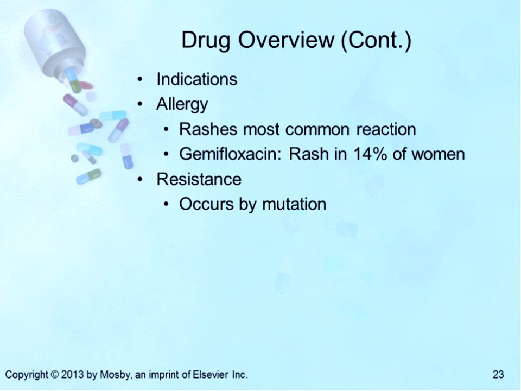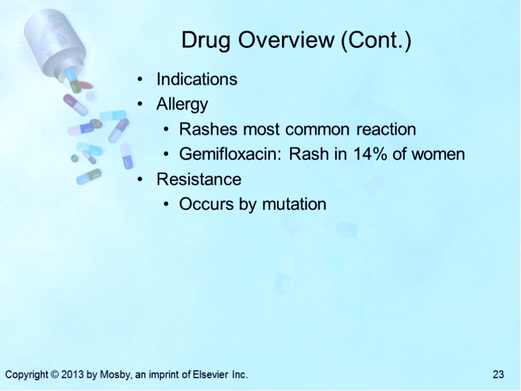So what are the quinolones used for? Their indications include lower respiratory infections, skin and skin structure infections, bone and joint infections, infectious diarrhea, sexually transmitted diseases, complicated urinary tract infections, prostatitis, otitis media, otitis externa, conjunctivitis, and corneal ulcers.